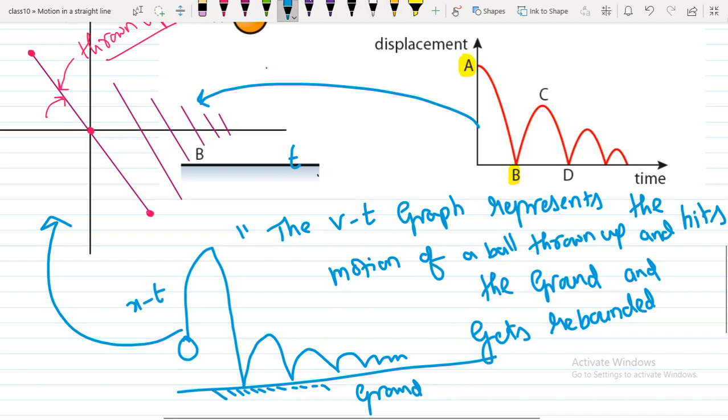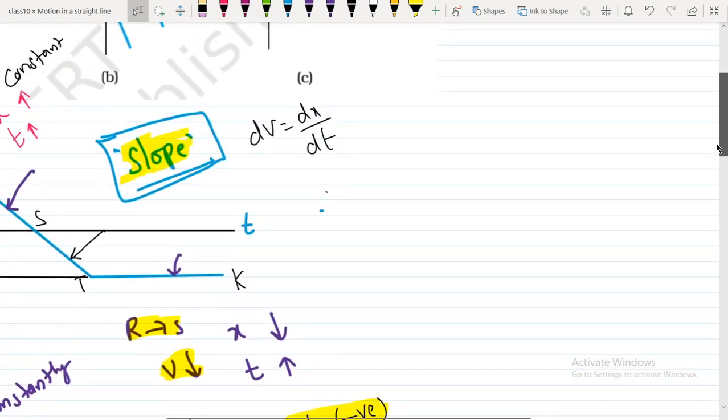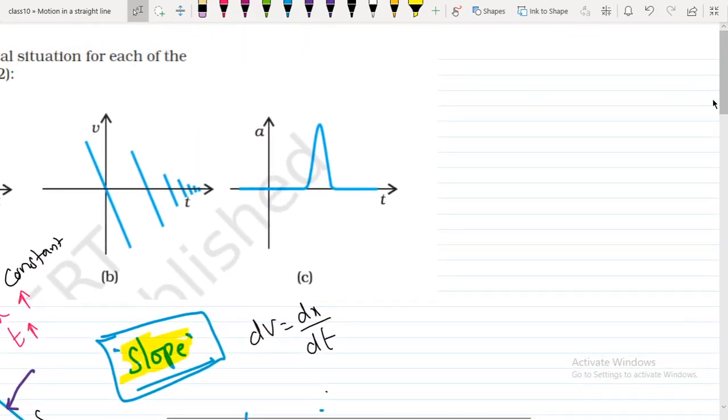And the graph I took as a diagram represents a ball dropped from a certain height. There is a big difference between a ball thrown up and a ball just dropped. The given velocity versus time graph represents an object thrown up initially, then falling and hitting the floor, so gradually its velocity decreases.